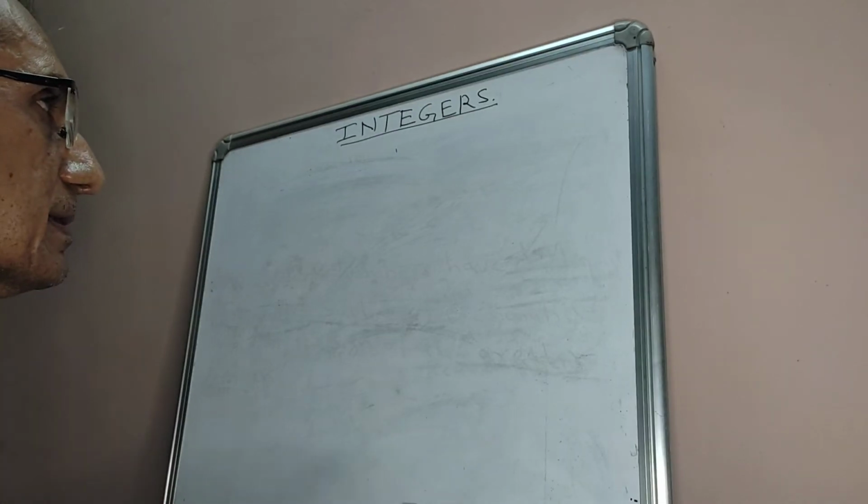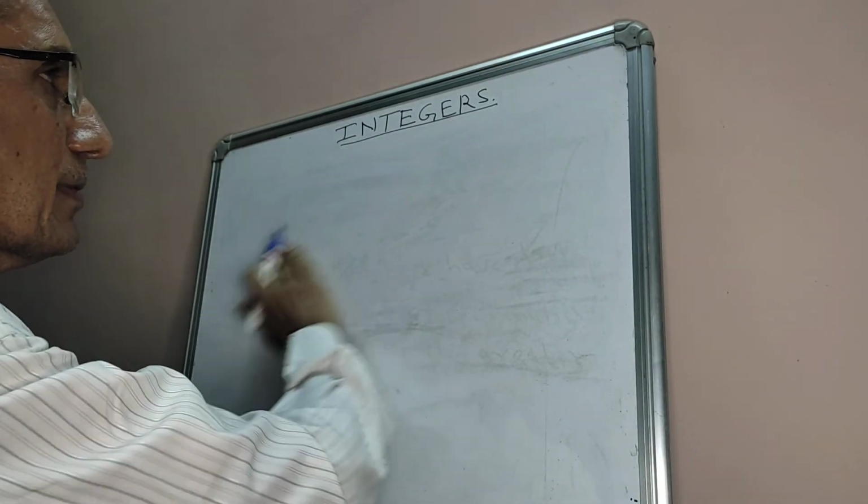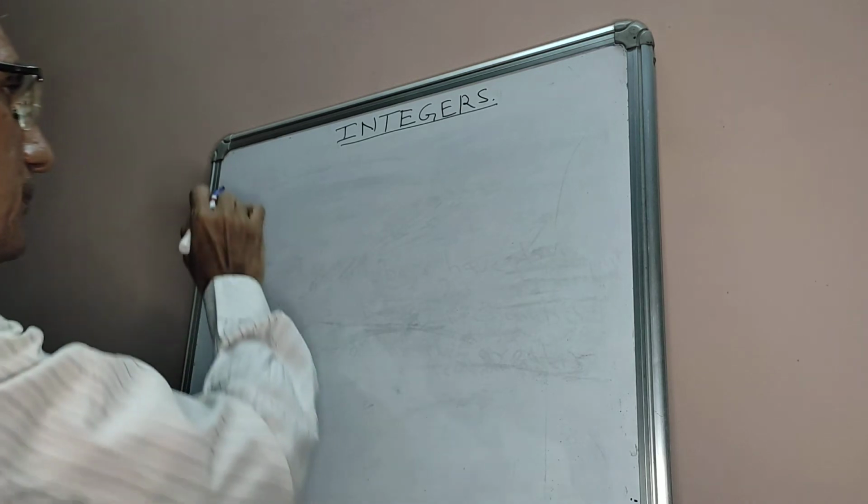How do we operate integers? Now we have 4 rules under multiplication.